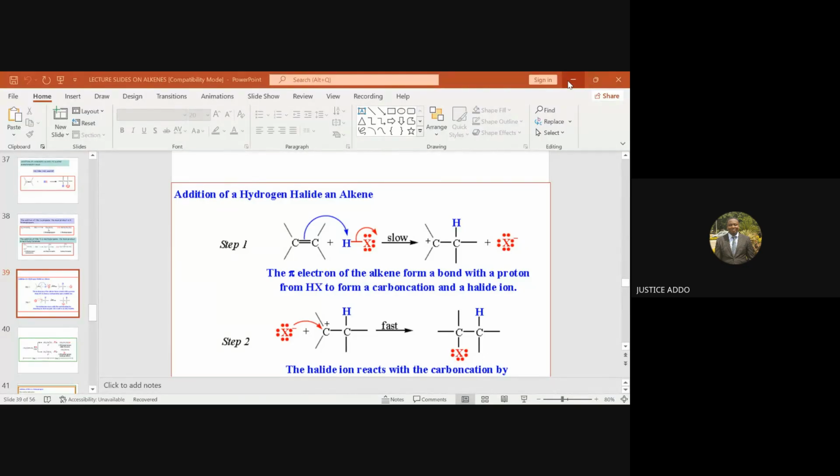If your intermediate is stable, then the final product will be stable. If the intermediate is not stable, then the product will not be stable. So Markovnikov's rule is for you to form the most stable intermediate product, which is the carbocation, so that you can form the most stable product at the end of the day. So that's the significance of Markovnikov's rule.